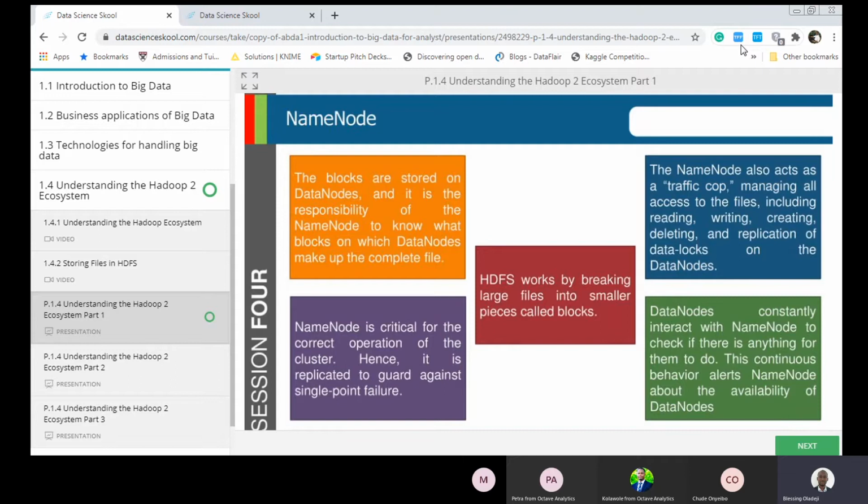I'm storing it on computer number 1. D and E, I'm storing it on computer number 2. But who holds the information about where I'm storing each of these files? It's going to be the name node that holds that information.